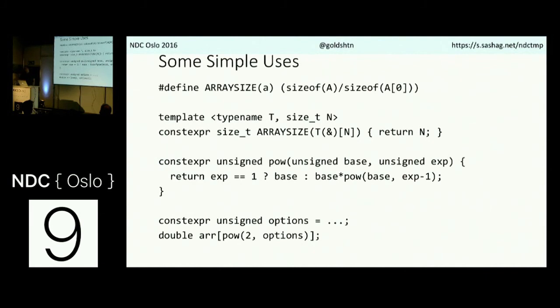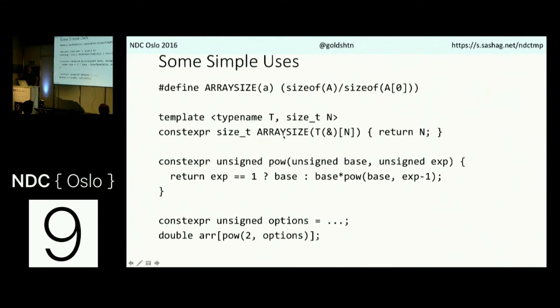Some simple uses are rather nice. So for example, you can replace the horrible array size macro, which takes a statically defined array and returns the number of elements in that array. You can replace that with a constexpr function template, where the template arguments are the type and the number of elements in the array, and we just return the number of elements.